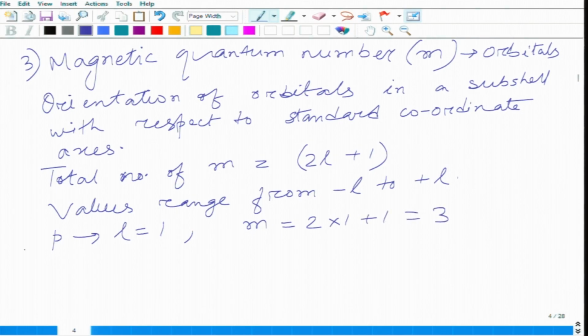So, there will be 3 p orbitals with the magnetic quantum numbers minus 1, 0 and plus 1, which we called px, py and pz.